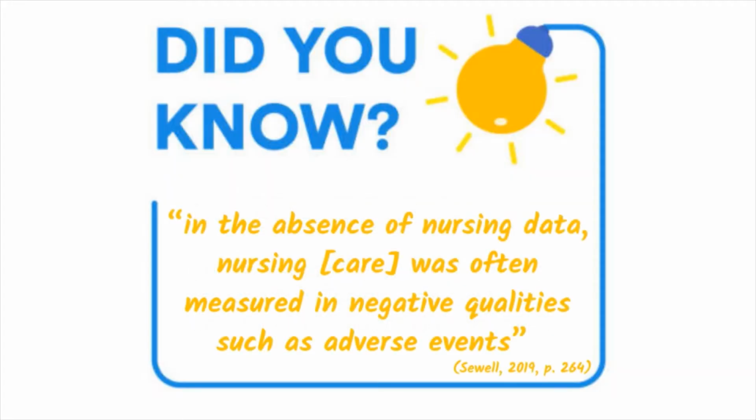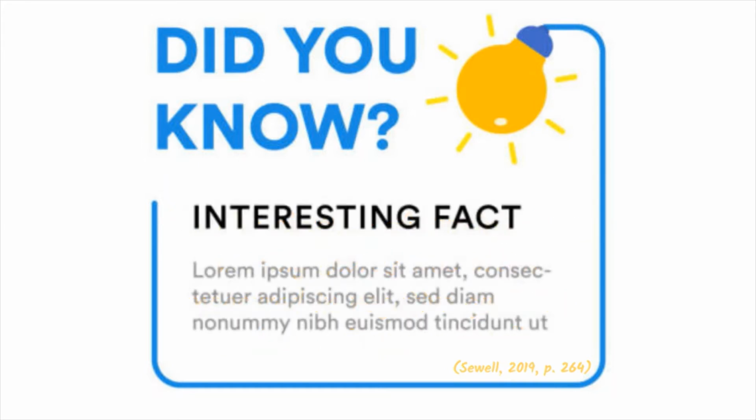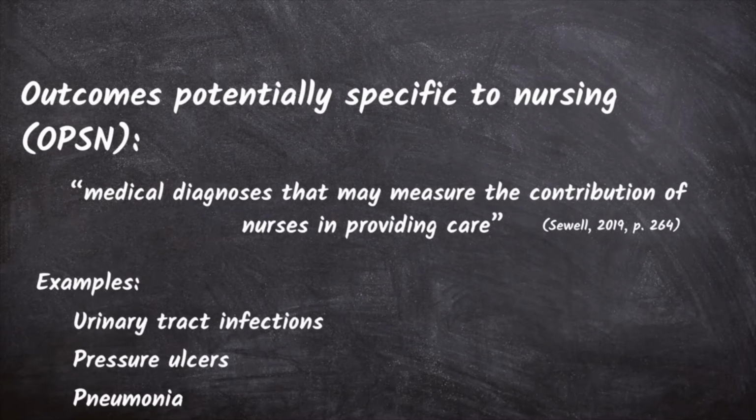Did you know that in the absence of nursing data, nursing care was often measured in negative qualities such as adverse events? These adverse events were called outcomes potentially specific to nursing. Sewell defines them as medical diagnoses that may measure the contribution of nurses in providing care.